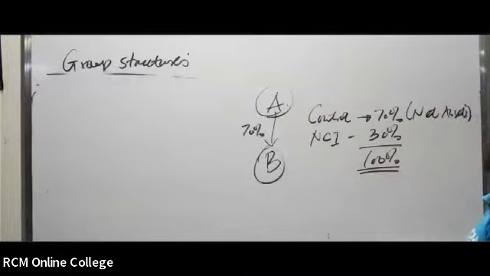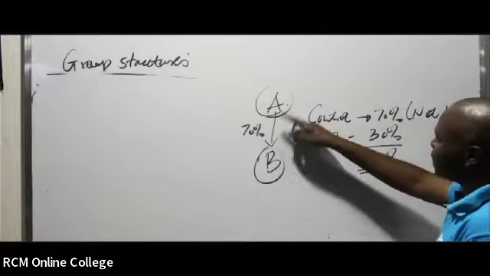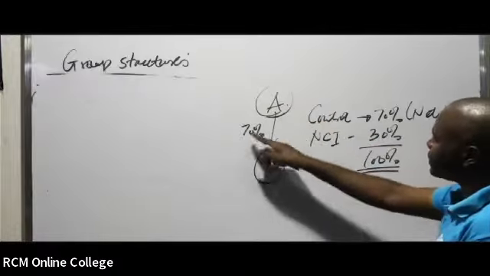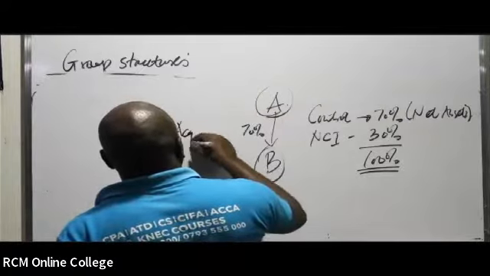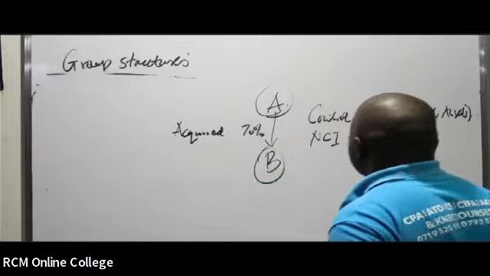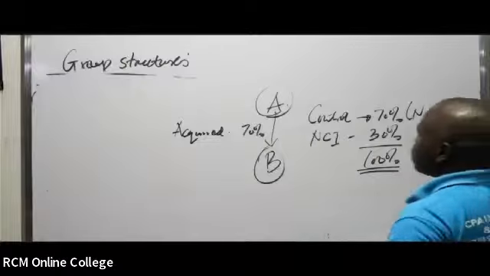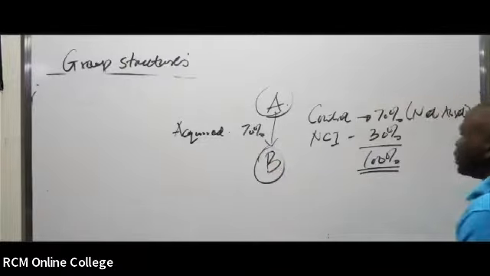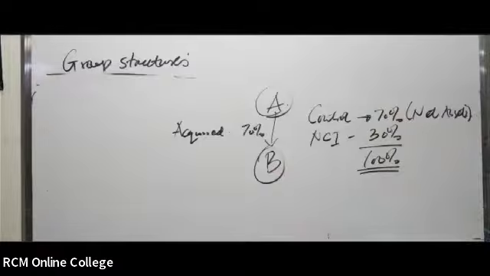Under the NCI definition, you have A and B. A has acquired 70% of the shares or the equity of B. Then the control of A in B is 70%. But what they are not able to control is the non-controlling interest, which is the remaining 30% of the net assets.